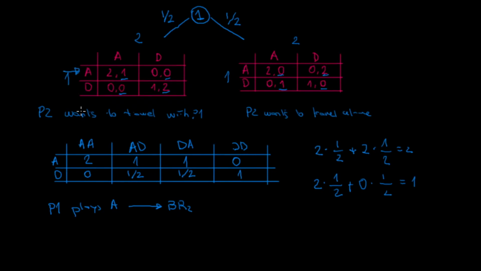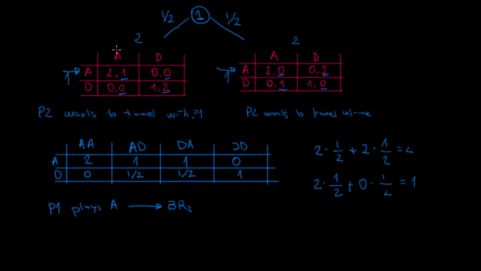We said that player 1 chooses Australia. Here also Australia. So we have 1 or 0. What is player 2 going to choose? He's going to choose 1 because 1 is greater than 0. So he's going to choose Australia in the first type.